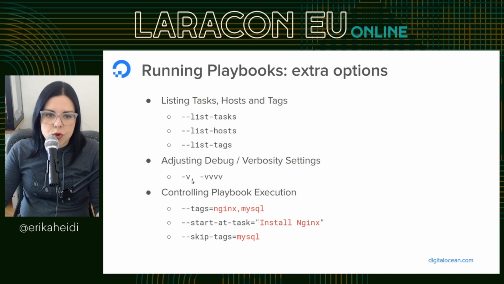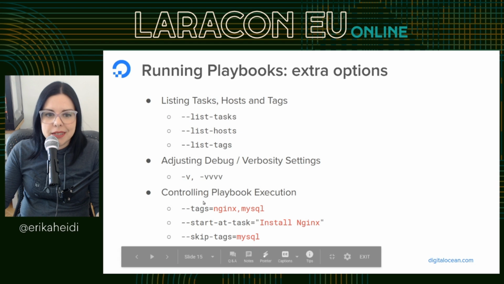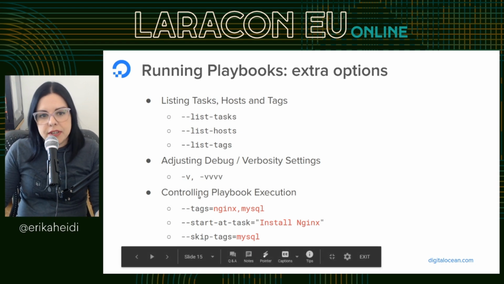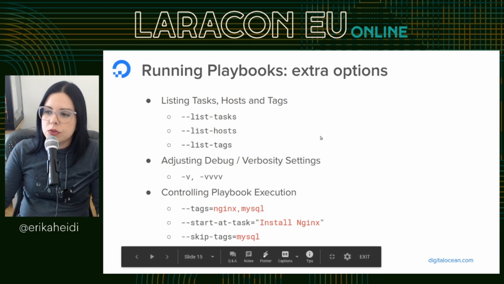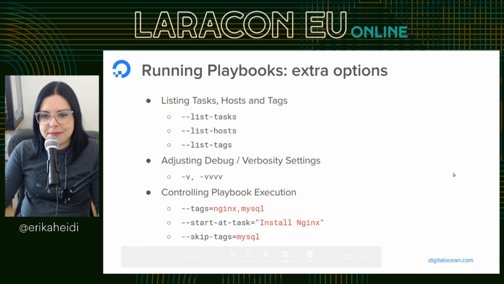If you are having trouble with connection, then you should use -VVVV, and this will give you detailed information about the SSH connection. So this is how you will find your problem if you're having trouble connecting via SSH. To control playbook execution, you have some options: tags, start at task, and skip tags. They are kind of self-explanatory.